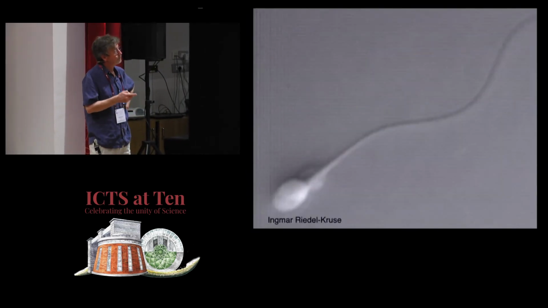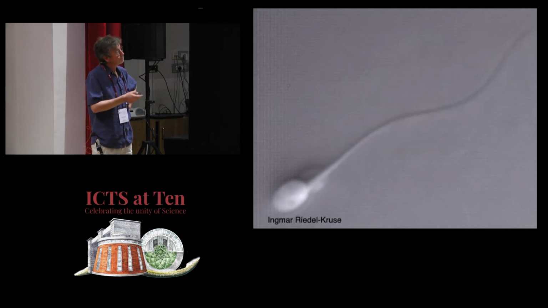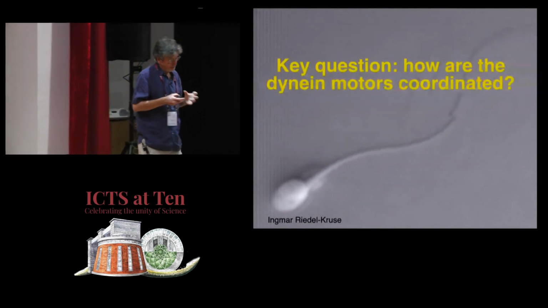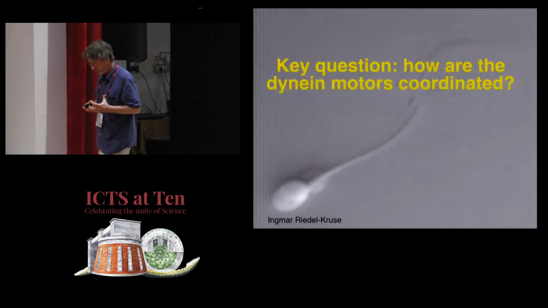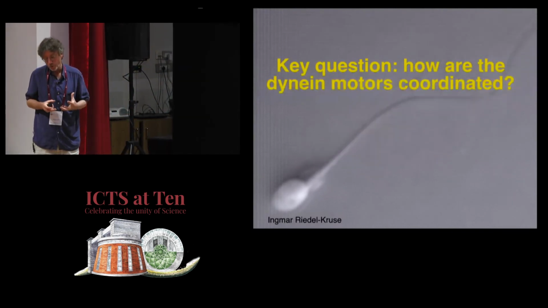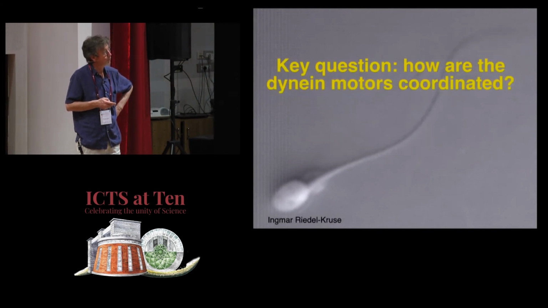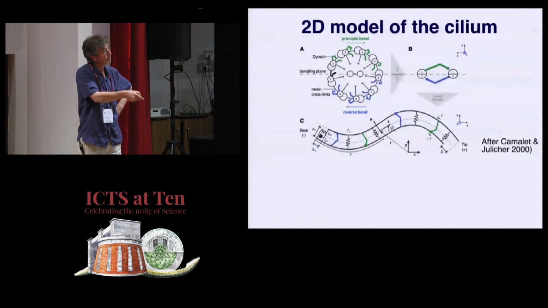So the question is, this is a human sperm cell. How are these dynein motors coordinated? In order to answer that question, the first thing we need is some model and some ideas about how it might work. And of course, this is something that Frank has worked on for a long time. Basically what they did was formulate a 2D model of the cilium.